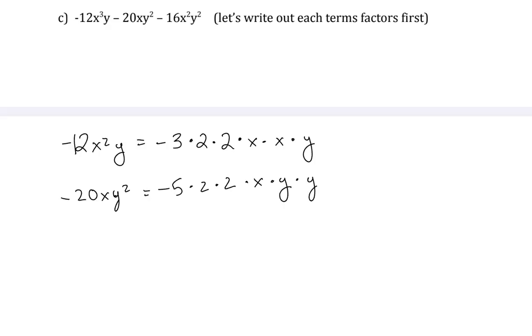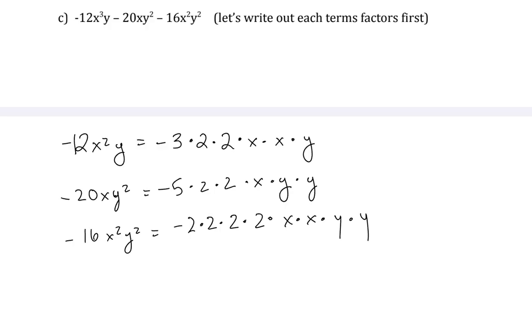Okay, let's do the last thing with the 16. Negative 16 x squared y squared is the same thing as negative 8 times 2, or 4 times 4, which is just the product of four 2's all together, times x times y times y.